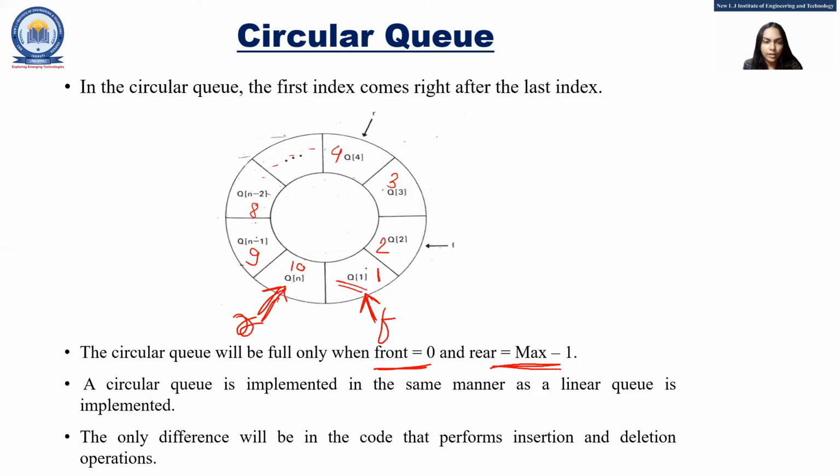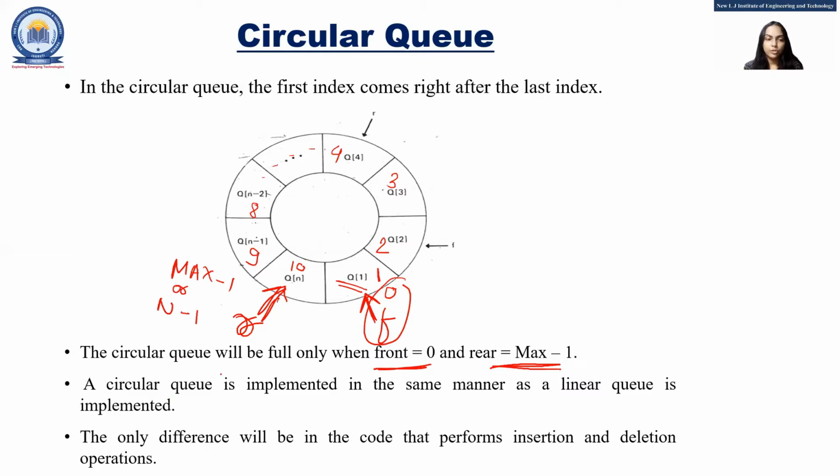When we say that front is 0, in the form of an array, indexing starts from 0. So if front is 0, the last element is whatever the maximum size is, so max minus 1, or n minus 1, right? This is the scenario where the circular queue is completely filled.